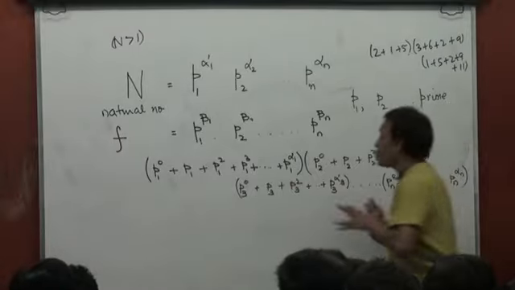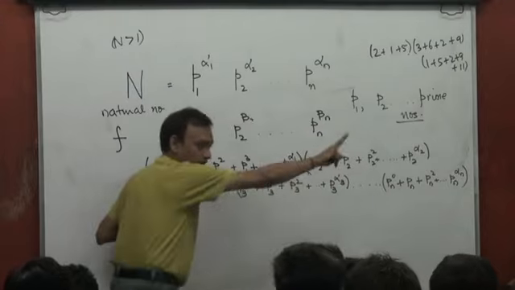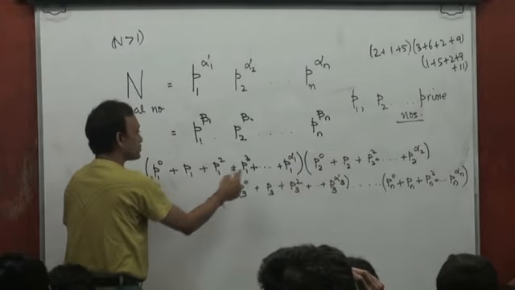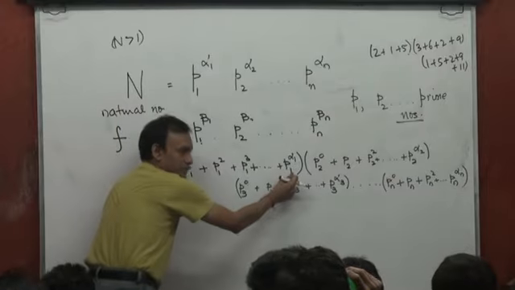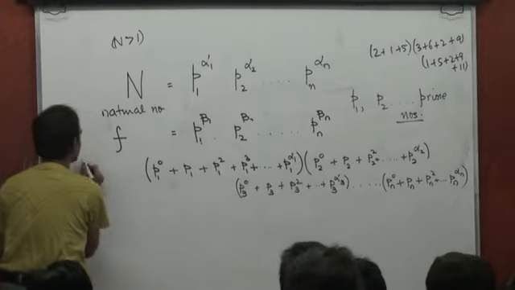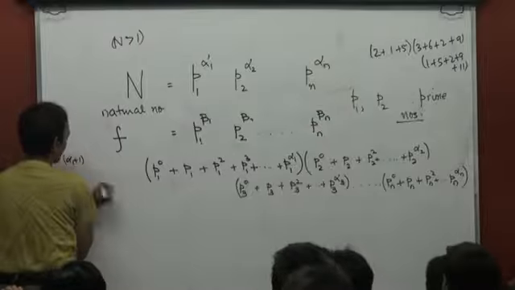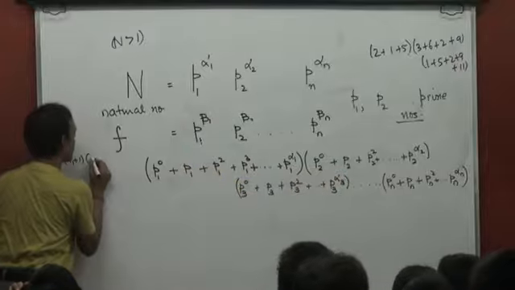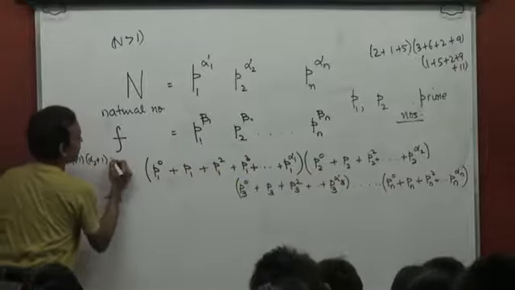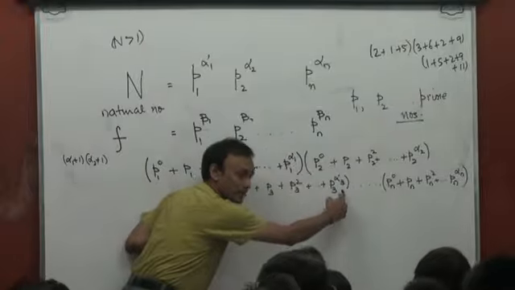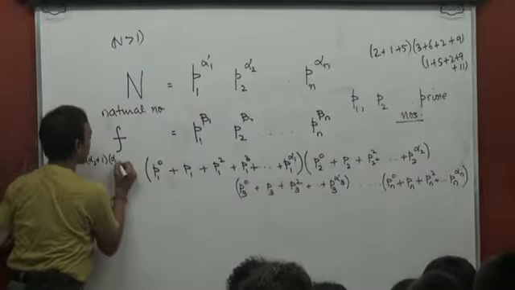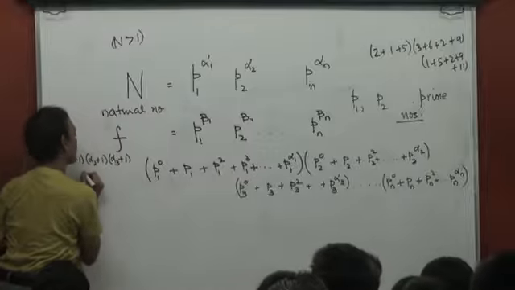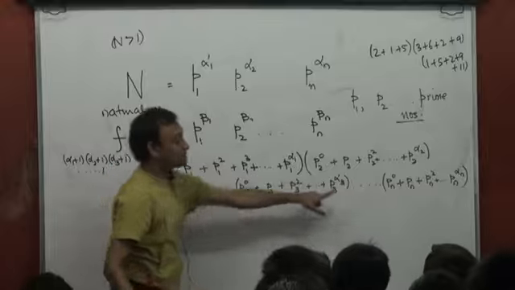So one thing, when I multiply this whole thing out, how many terms are produced? How many terms here? Alpha 1 plus 1 terms. How many terms here? Alpha 2 plus 1 terms here. How many terms here? Alpha 3 plus 1 terms here. How many terms here?